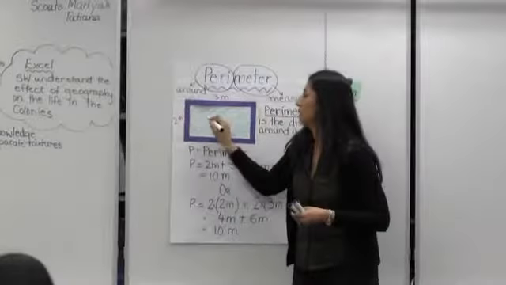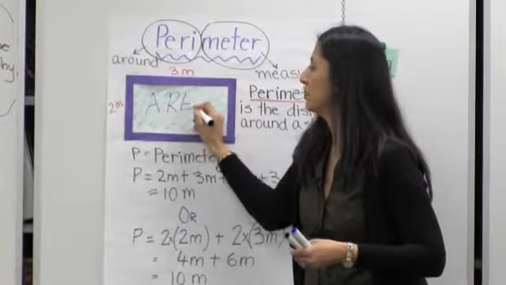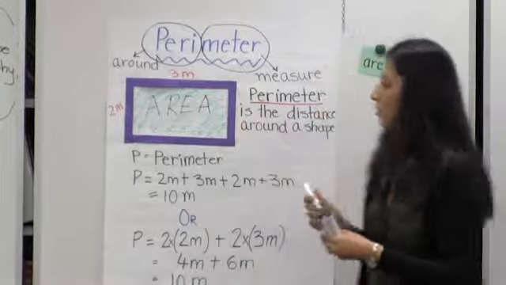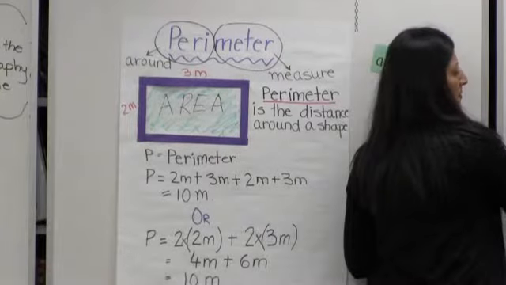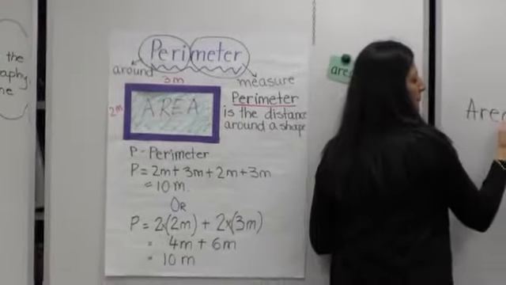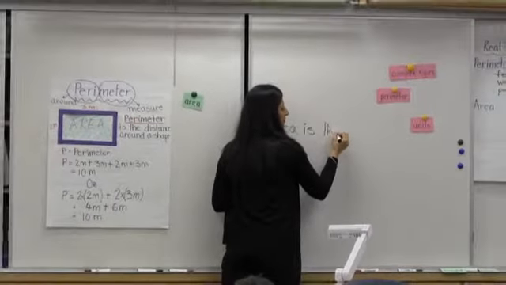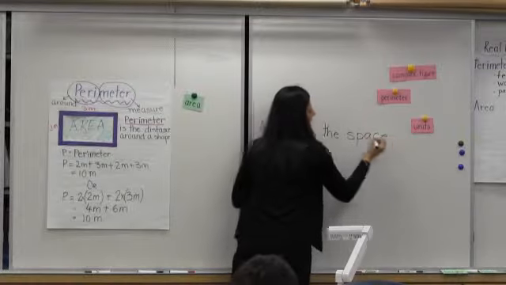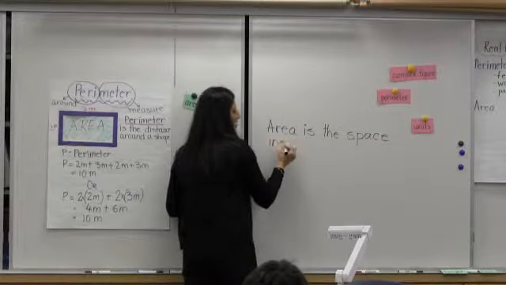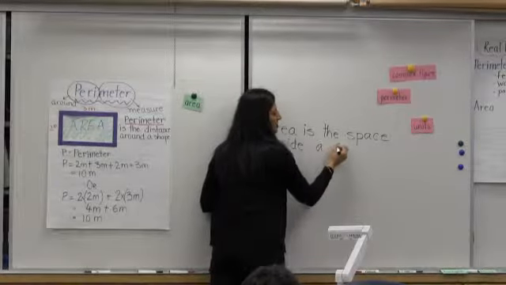Okay, it's the space inside a shape. So we'll go ahead and write our first definition. Area is the space inside a shape.